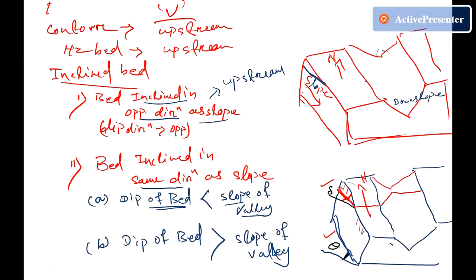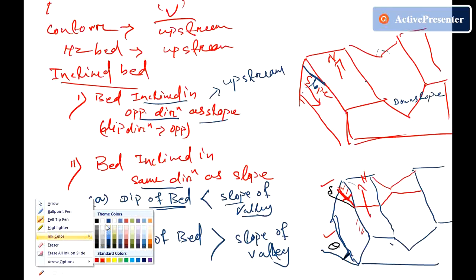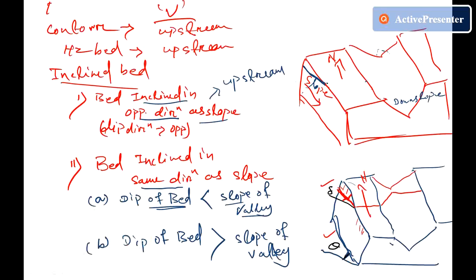So for this diagram also, if you want to find the bed, as it is present in the north direction, you cannot find the bed in the south direction. This is your slope, and here you can see the angle of inclination with the horizontal.